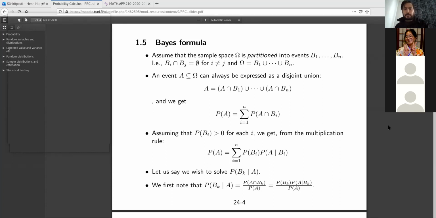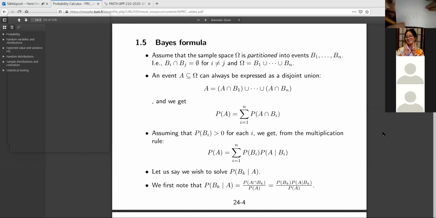And now we have an event A happening, and let's say the event A is this circle here. So we know that A happens, and the probability of A happening is the sum of these small parts of different B's.